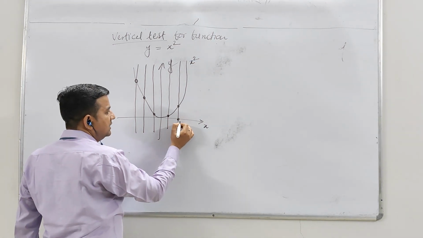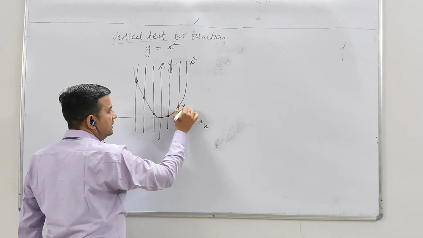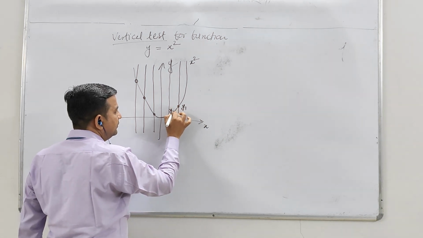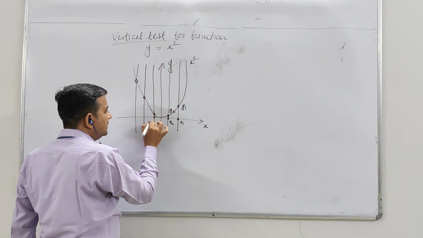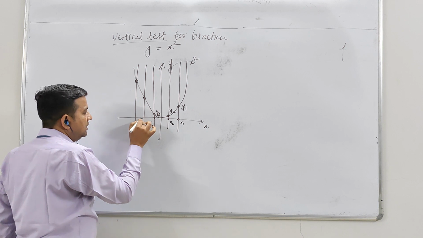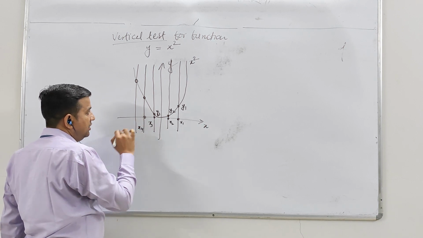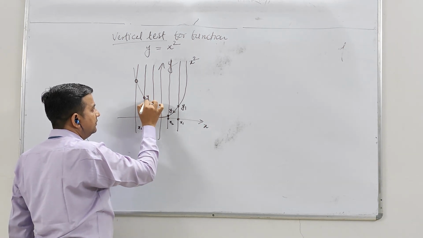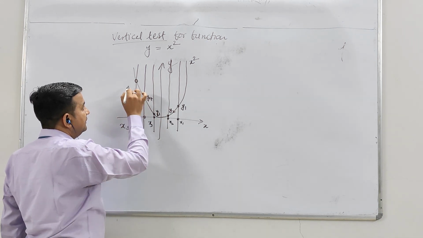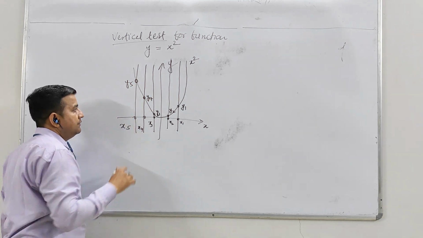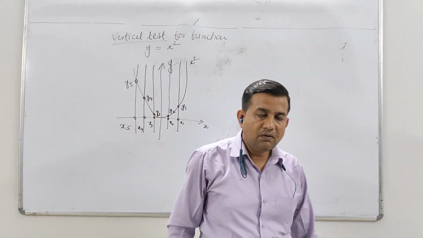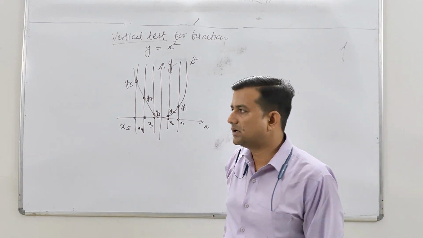If we consider this point as an input, then there is one output. If the input changes, then the output also changes. Here the input is x3, the output is y3. Here the input is x4, the output is y4. Here the input is x5, the output is y5. So we can easily say that y equal to x square is a function.